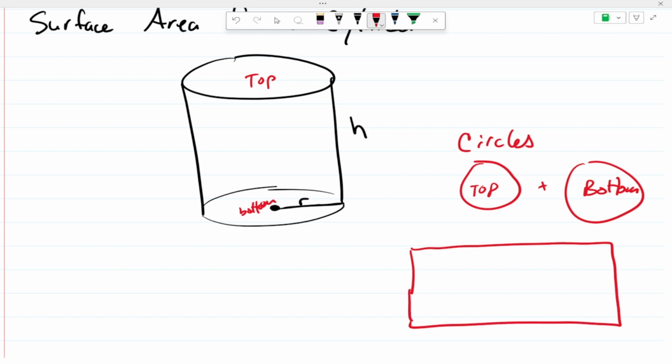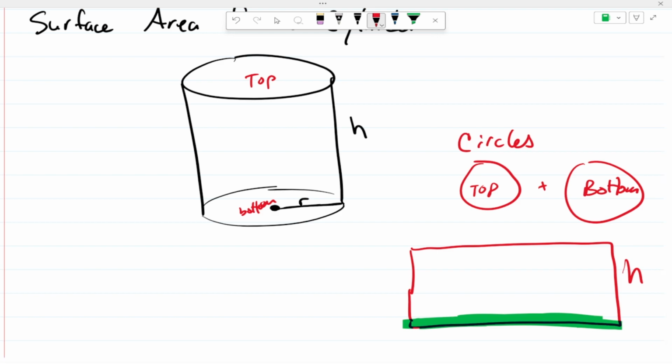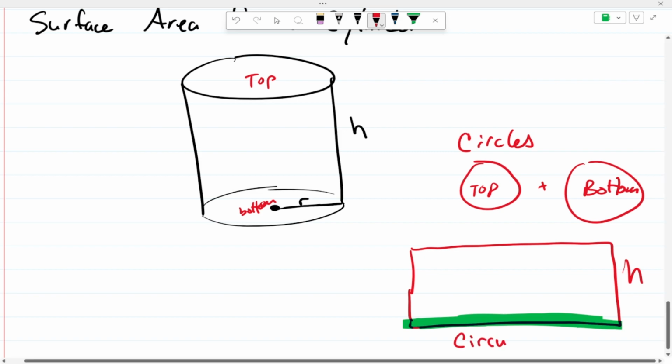However, this is where it can get a little weird if you think about it. This is a rectangle where the length and the width are actually a little bit different than what you would think. The length or the height of the can is still going to be the same. All right. But it's this width part. It's right here. I'm going to highlight it in green. It's this part where we have to remember that since this is a circle, that length is actually the circumference of a circle.